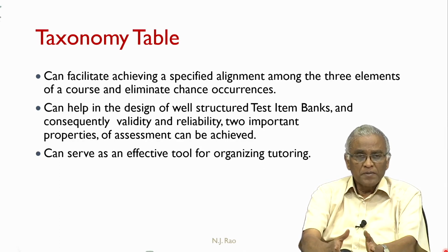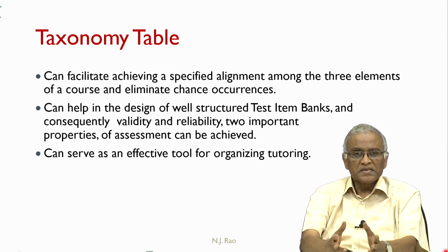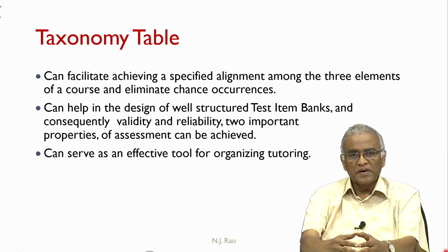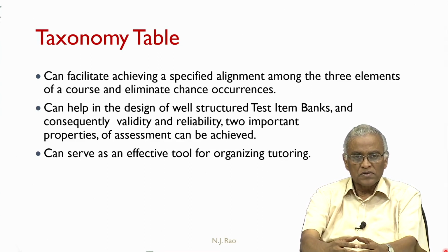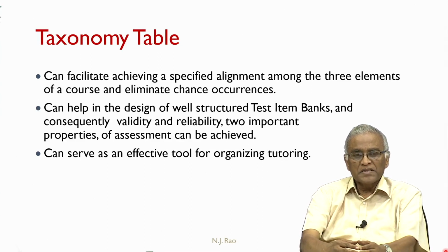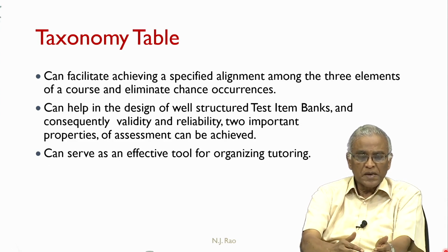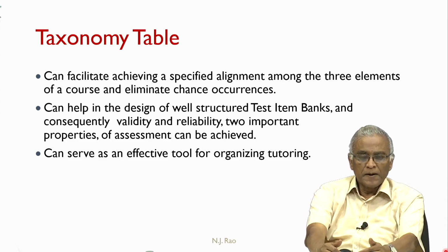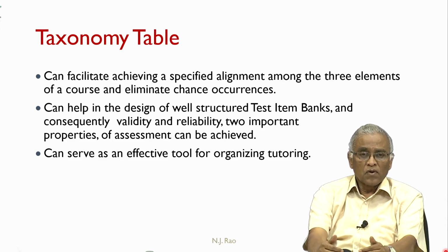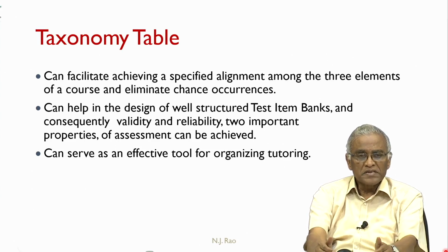It is a simple table, but it can facilitate achieving the specified alignment among the 3 elements of a course and eliminate chance occurrences, both in the university type of exam where you have affiliated institutions and even in autonomous institutions where the teacher is likely to design the assessment instrument.